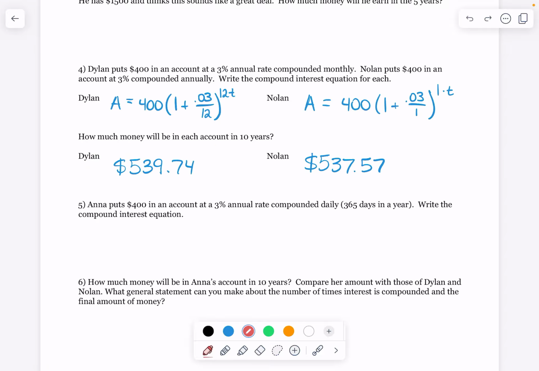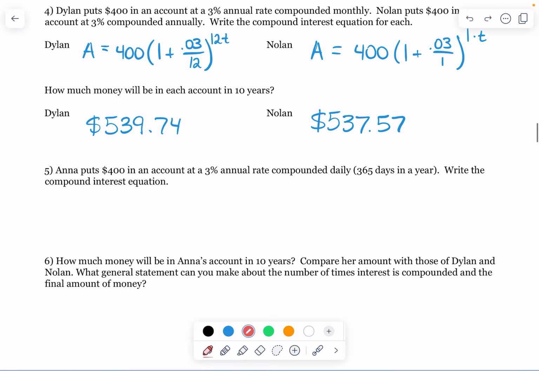If we look at number 5, we've got the same situation, except this one's compounded daily, okay? And so if we give this one a try, and I write out a formula for this, we've got the same $400 invested, and it's still at a 3% interest rate.